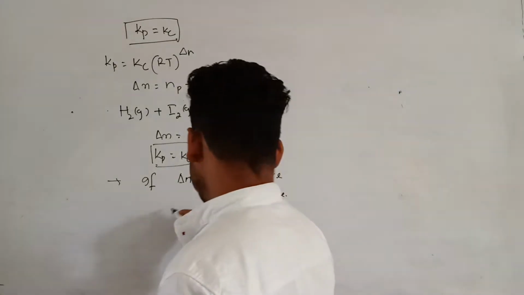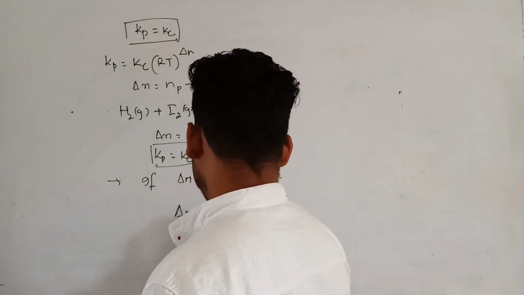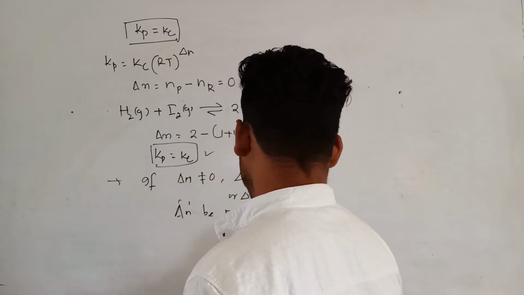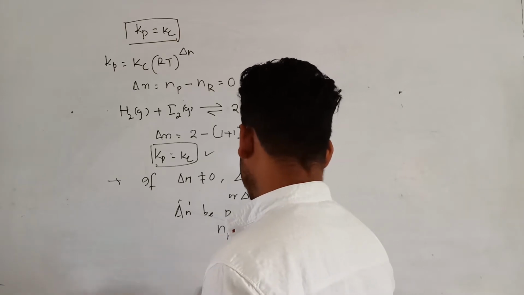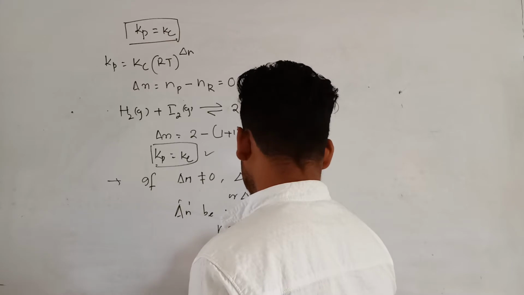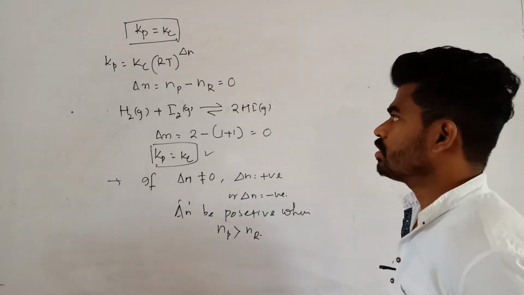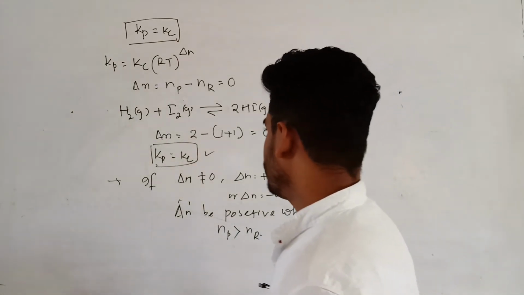Del n is positive only when number of moles of product is greater than number of moles of reactant. Only in this condition del n becomes positive. So if del n becomes positive, then what would be the relationship?